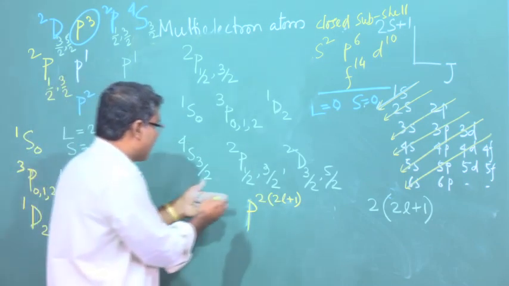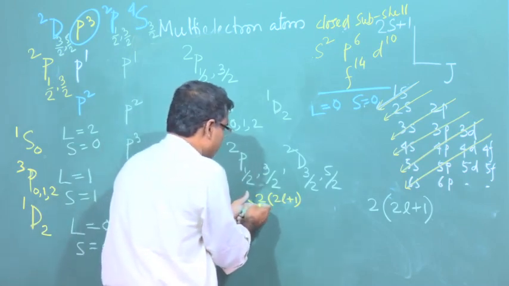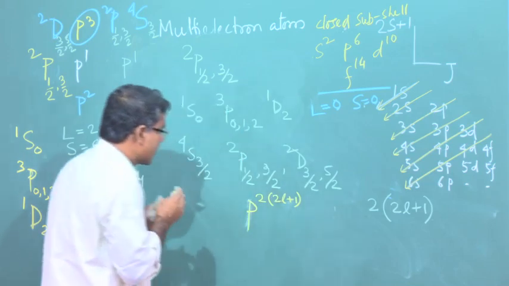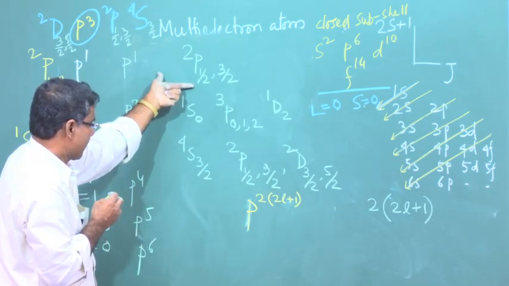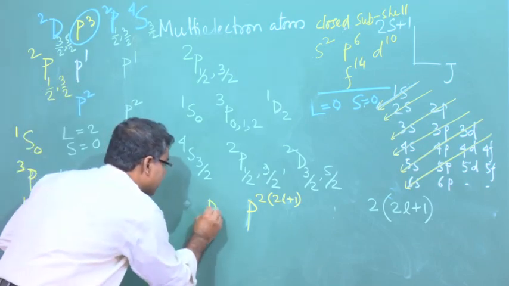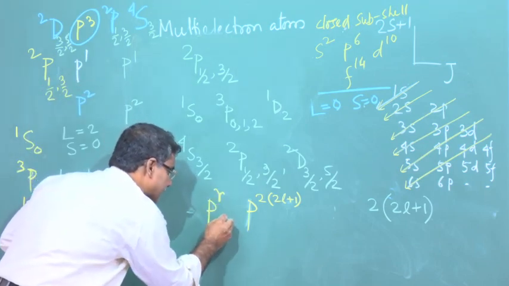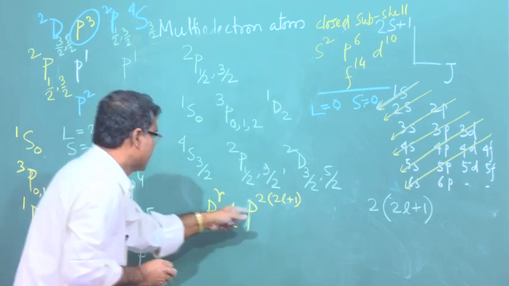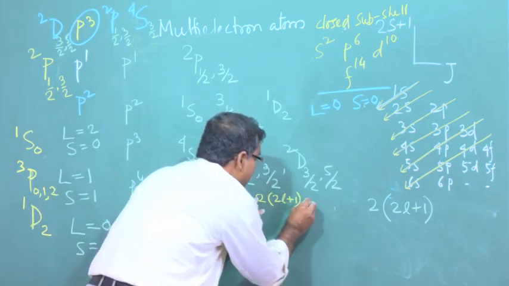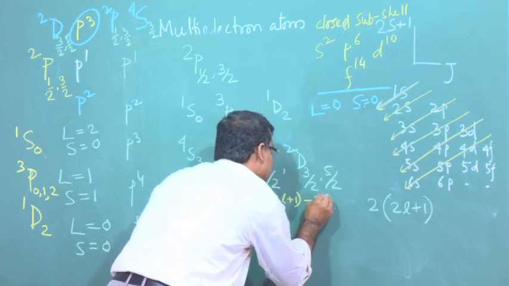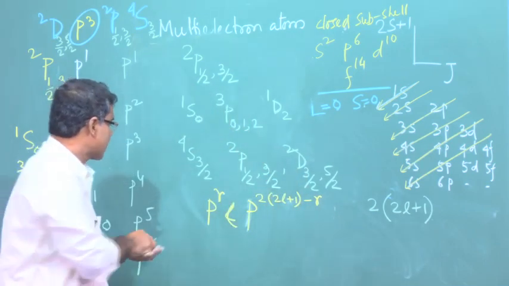Okay, so for the spectroscopic term, for P^R and P^(maximum number of electrons minus R).